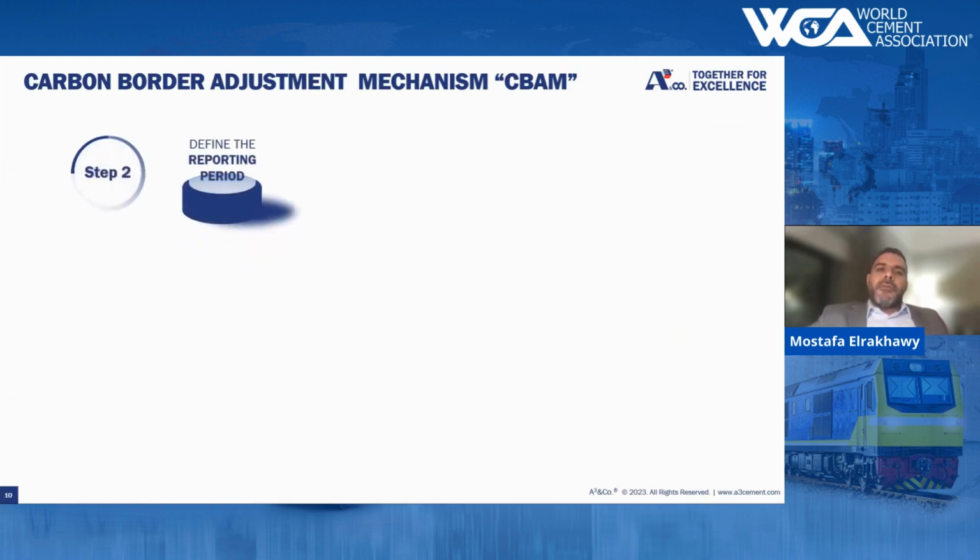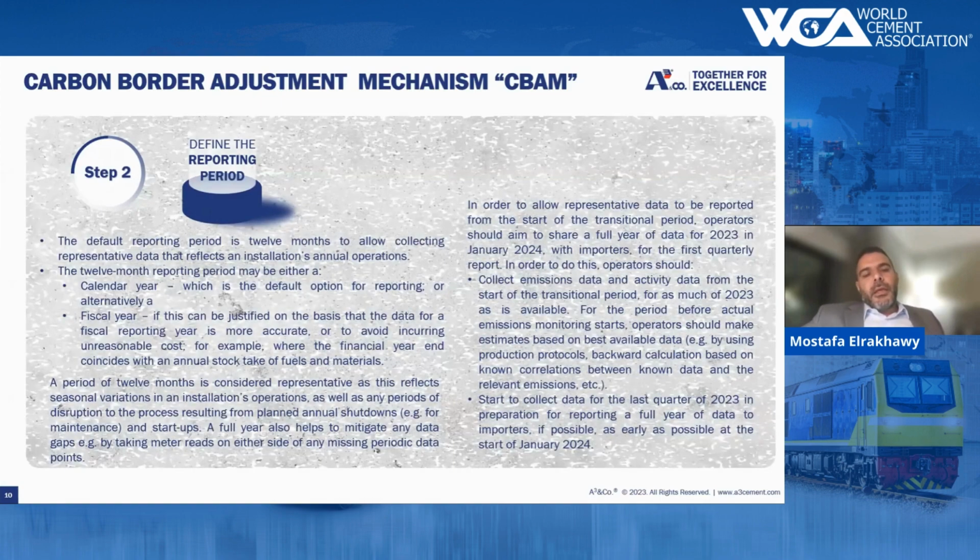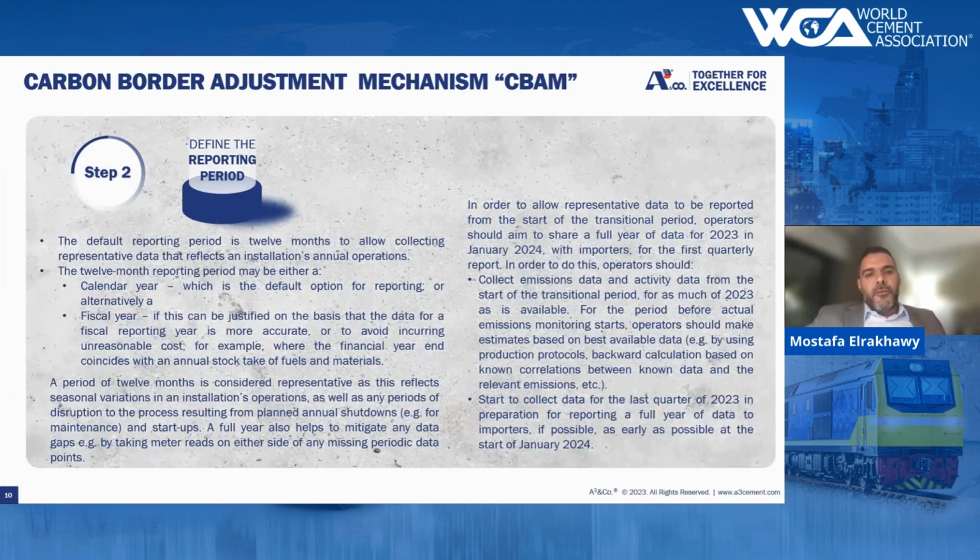So the second step is the reporting period. In CBAM, the reporting period is normally 12 months, similar to the ETS system. Normally, CBAM takes into consideration the calendar year. In some cases, a cement plant can justify using the physical year if it would be more accurate and avoid incurring unreasonable costs.